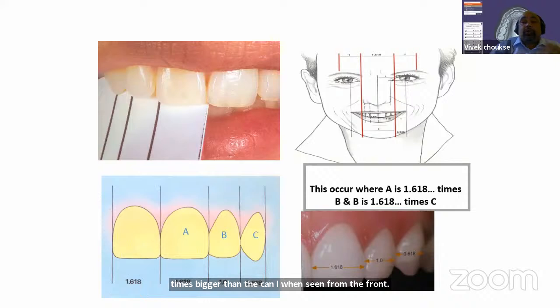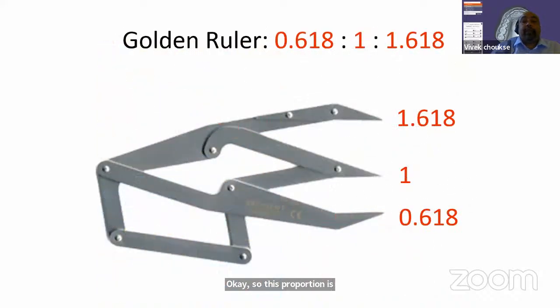So these teeth are said to be in golden proportion. There are certain rulers, known as golden rulers, which can tell us what the proportion of the teeth should be when we apply the golden ruler to check the width of the central incisors and the adjacent teeth thereafter.